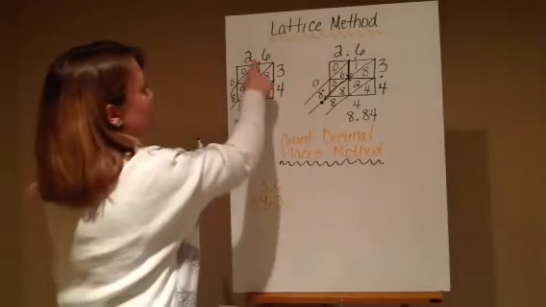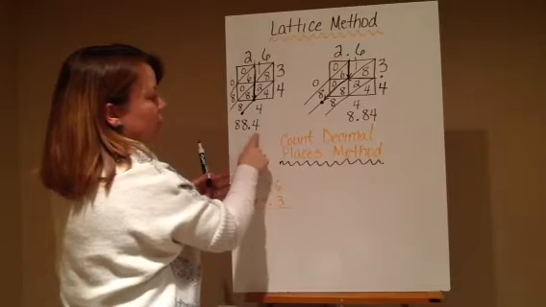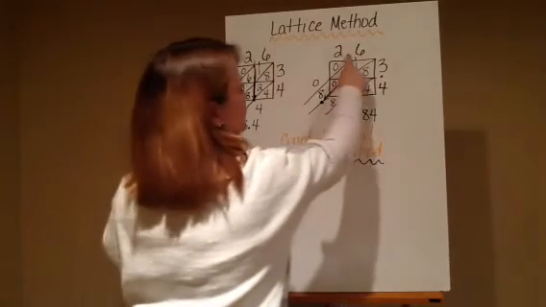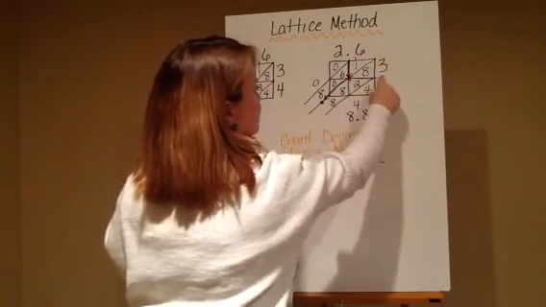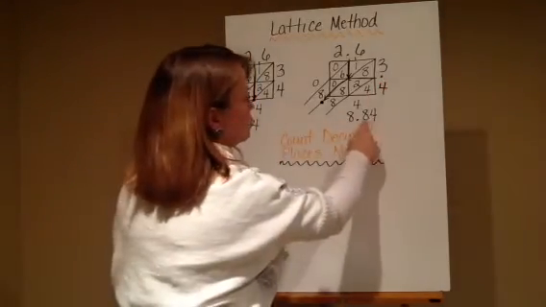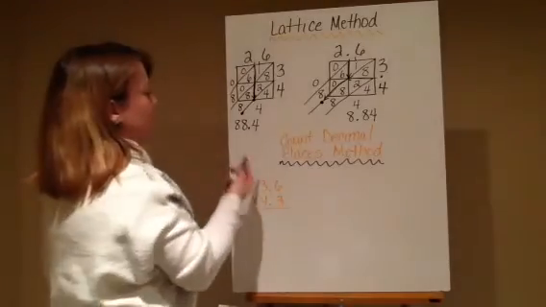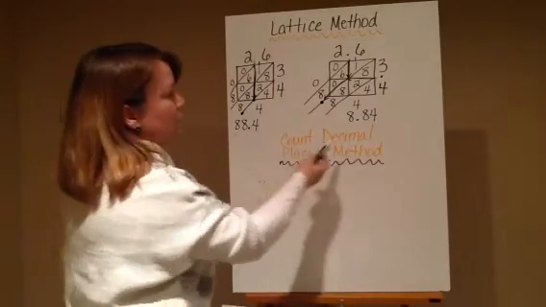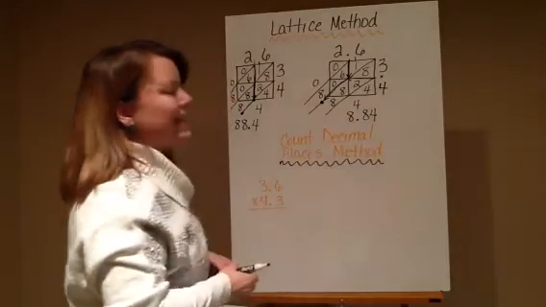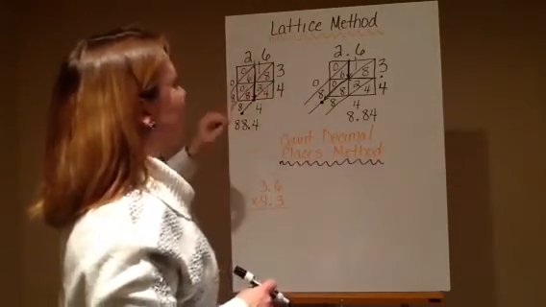So with this one, with only 1 decimal place, notice I have 1 decimal place in my answer. This would be a decimal place, and this would be a decimal place. 2 decimal places. Notice there are 2 decimal places in my answer. So one time we get 88 and 4/10. Another time we get 8 and 84/100.